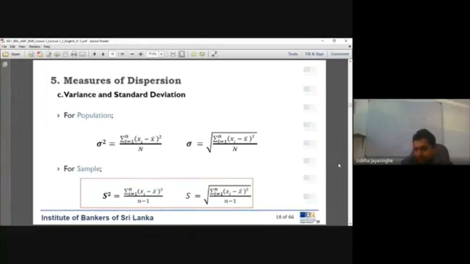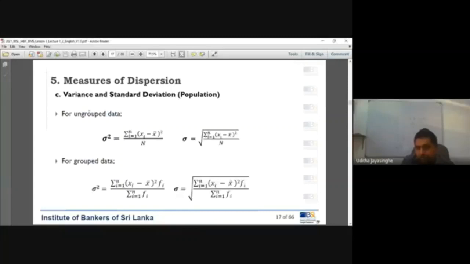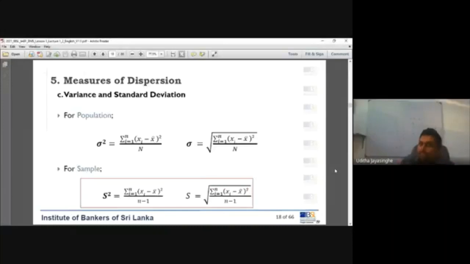Again, this is for grouping and ungrouping. I have just put the simple n and simple f here for you to get an understanding of grouping and ungrouping later. I'm moving to the variance and standard deviation of the population and sample.